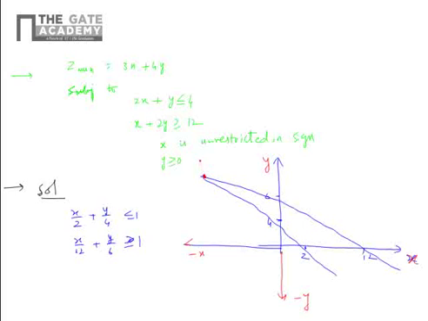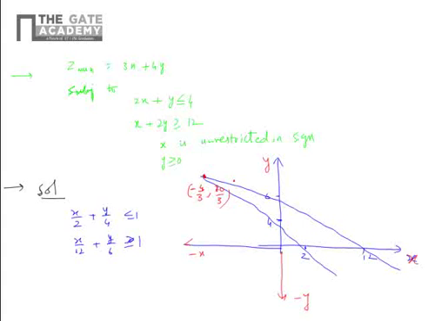Then the problem has an unbounded solution, because if you substitute x equal to a negative value, and the problem is maximization... The x value is minus 4 by 3, the y value is 20 by 3. This is the intersect value.